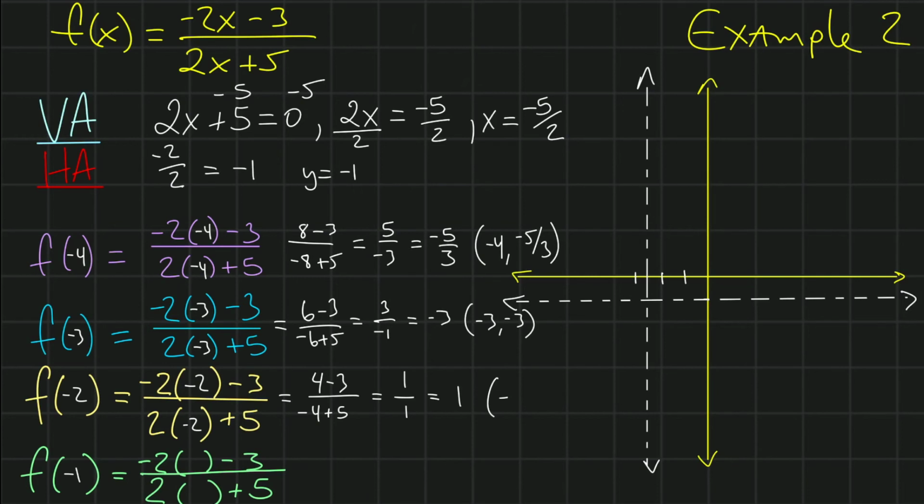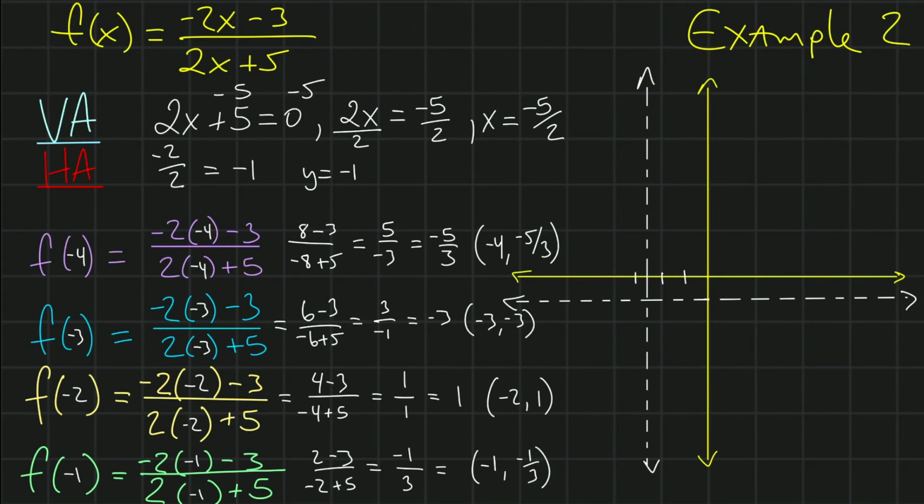So at x is equal to negative 2, my y value will be 1. And then when I plug in negative 1, negative 2 times negative 1 is positive 2. So that's going to be 2 minus 3 divided by negative 2 plus 5. When I simplify, that's going to be negative 1 over 3.